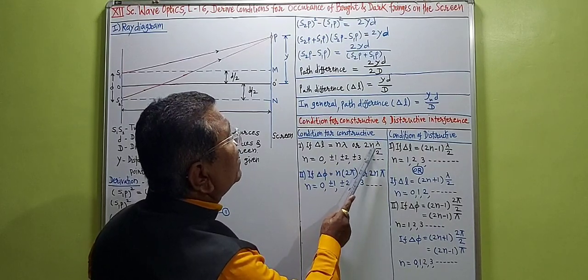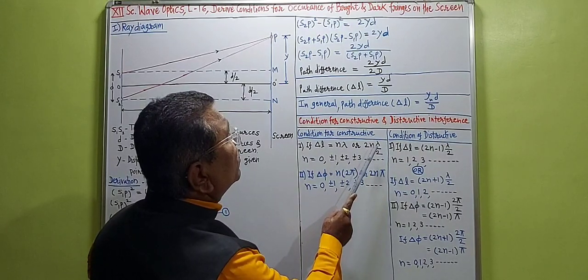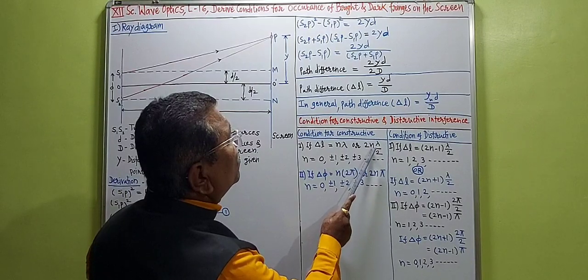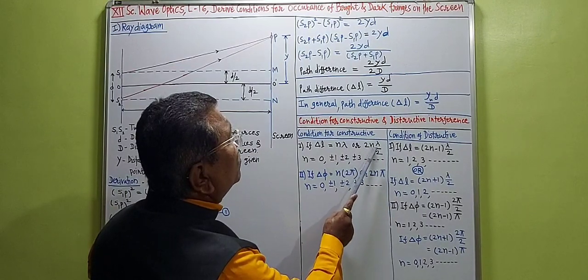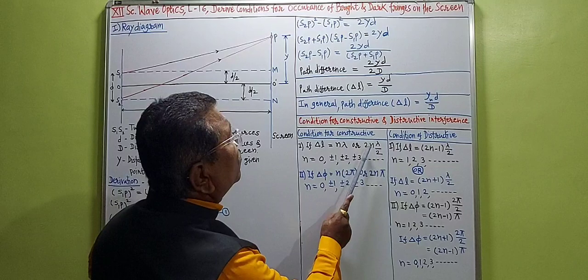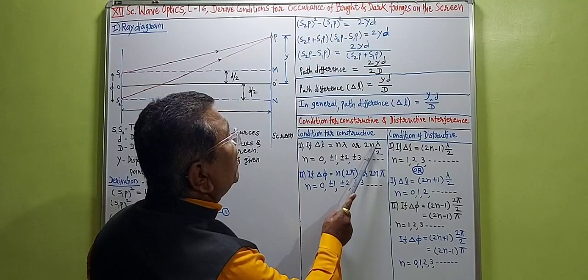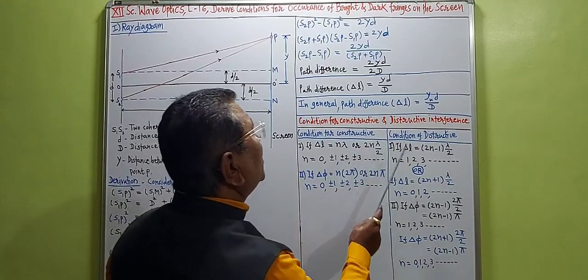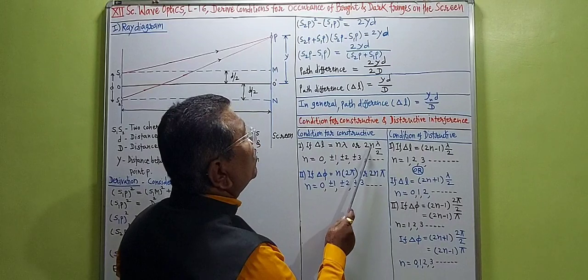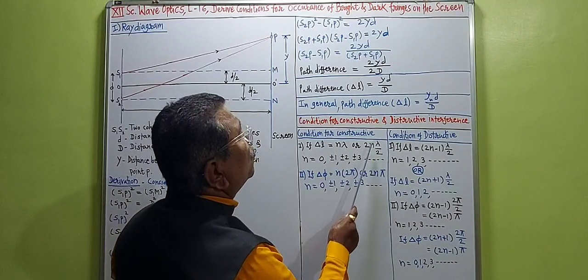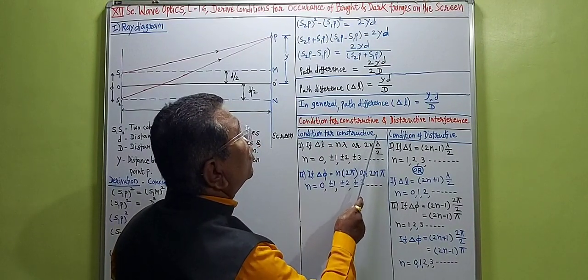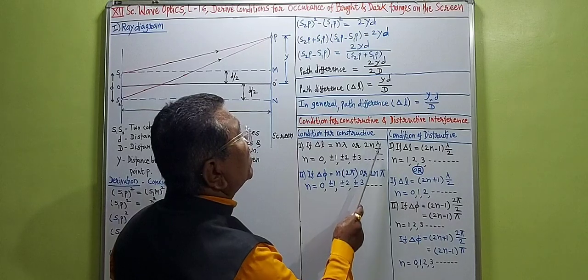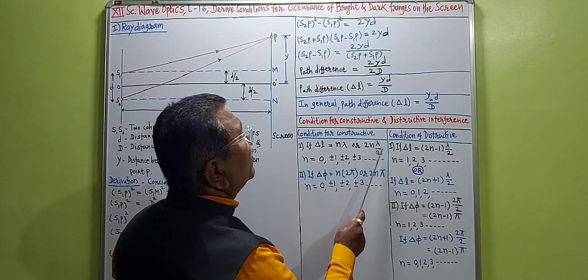2n: put 0 here at first, we get 0. Then 1, we get 2. Put 2 here, we get 4. Put 3 here, 3 into 2, 6. Put 4 here, 4 into 2, 8. That means we continuously get 0 lambda by 2, 2 lambda by 2, 4 lambda by 2, 6 lambda by 2, 8 lambda by 2, 10 lambda by 2.